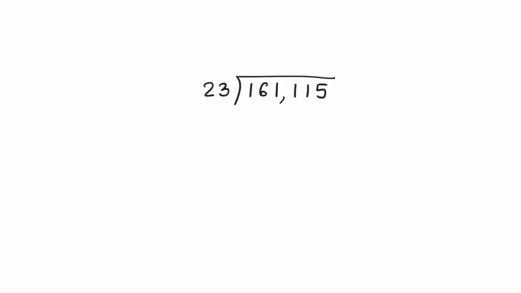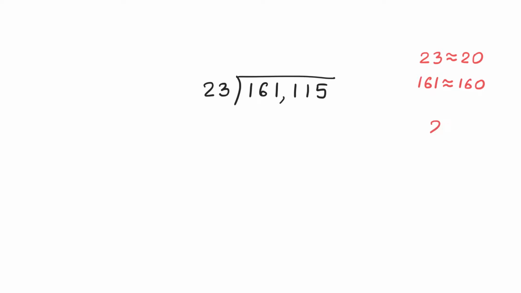When dividing larger numbers, it is easier to round each number and then estimate how many times one number goes into the other. 23 can be rounded to 20, and 161 can be rounded to 160. Now, using these numbers, we can see that 20 goes into 160 8 times.